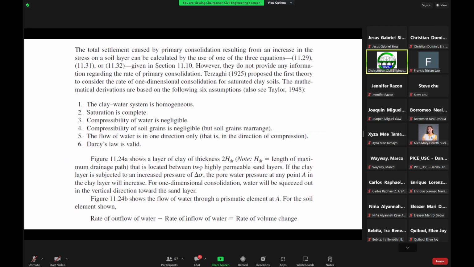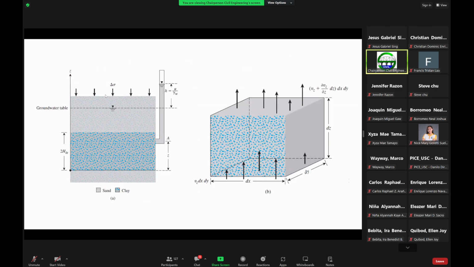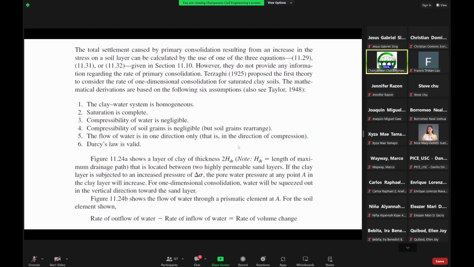So if the clay layer is subjected to an increased pressure of delta sigma, so that's this one here, because of the effect of your foundation pressure, then you will have a stress increase. Then the pore water pressure at any point A in the clay layer will increase.